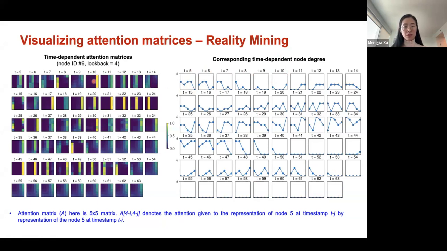For example, in this plot at t equals 10, time step 10, we can see the highest node degree, and here the attention weights also show very high values for these time steps. So this is a very interesting correlation between the attention weights and the node degrees.